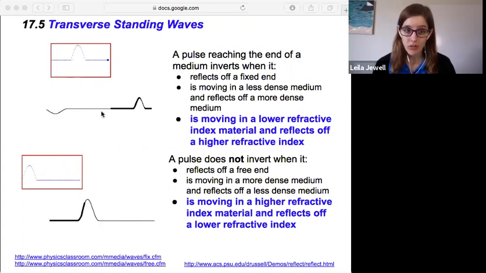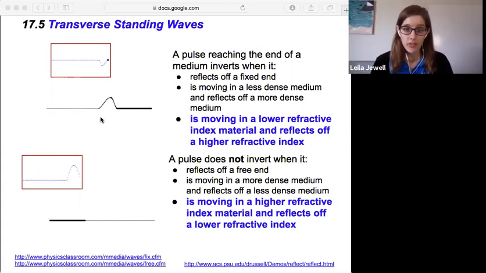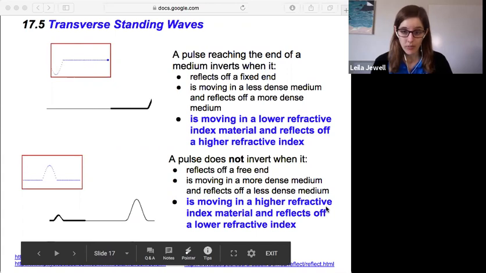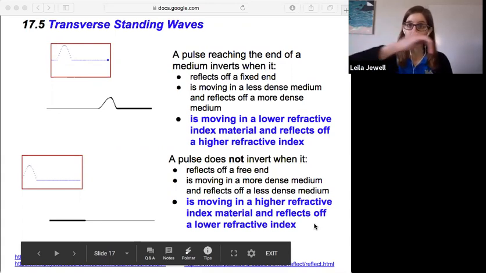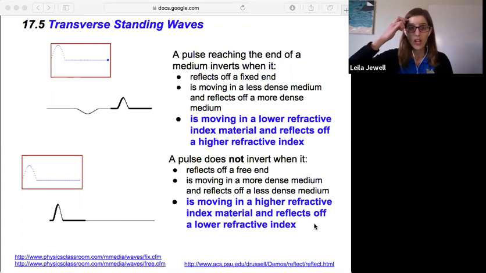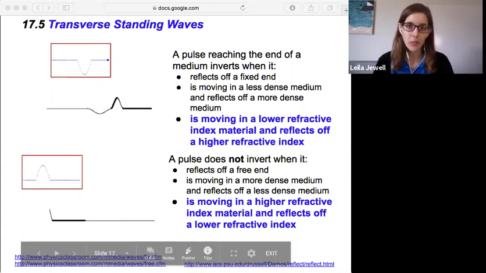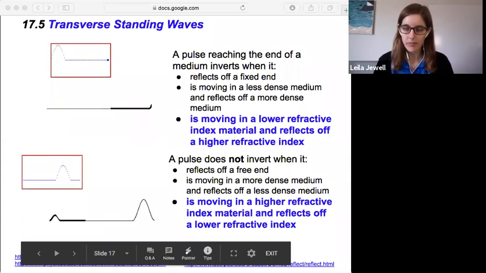There's going to be this phase change by half of a wavelength to go from up to down. But if it moves in a higher refractive index material and reflects off a lower refractive index material, it doesn't invert. It keeps the same orientation. So this is the picture I want you to hold in your mind. I find these GIFs really useful to be able to see a little more of what's going on here.